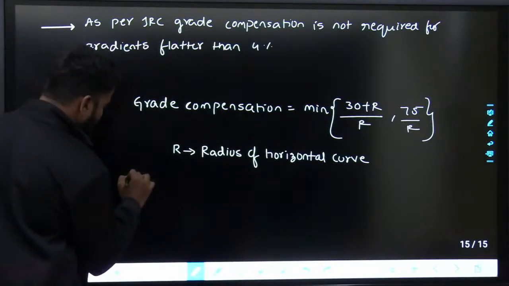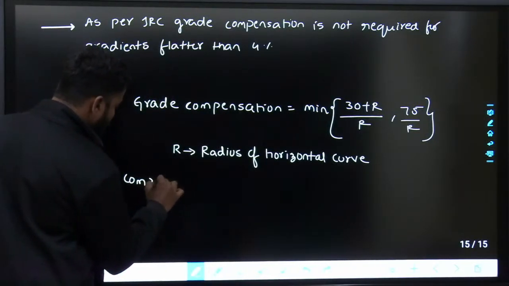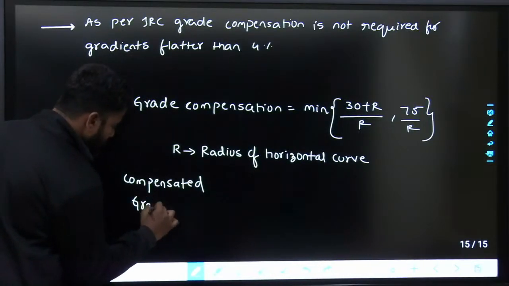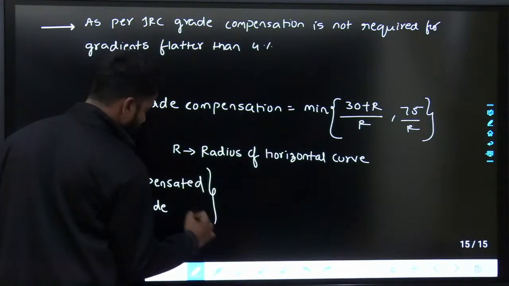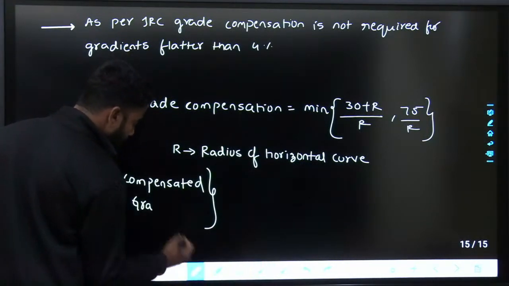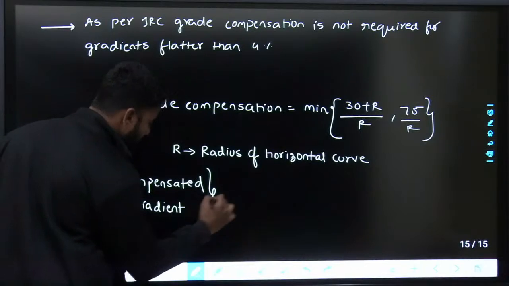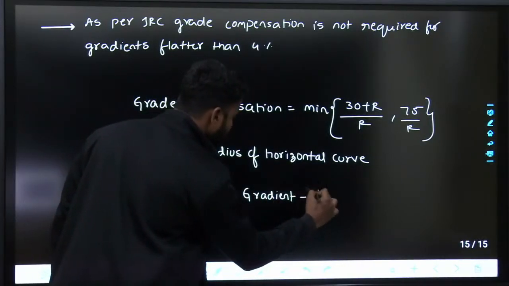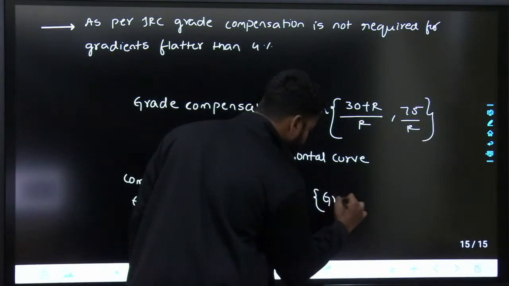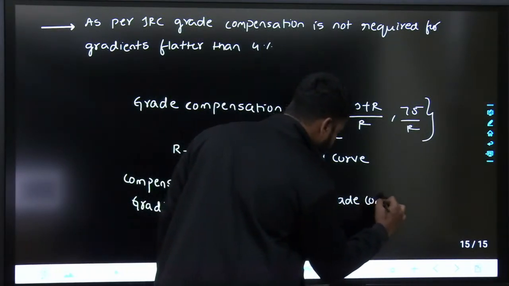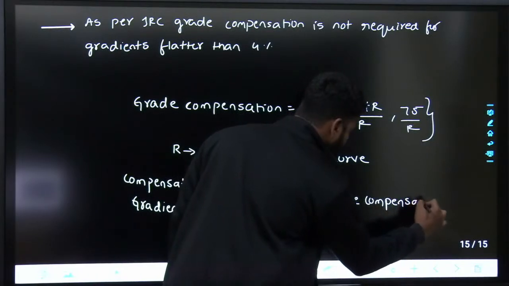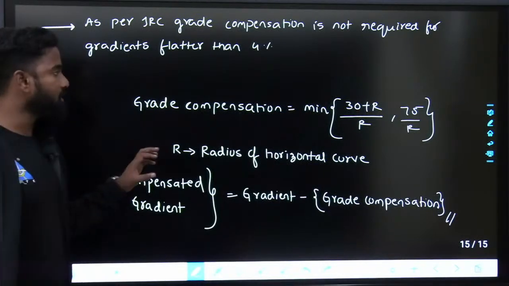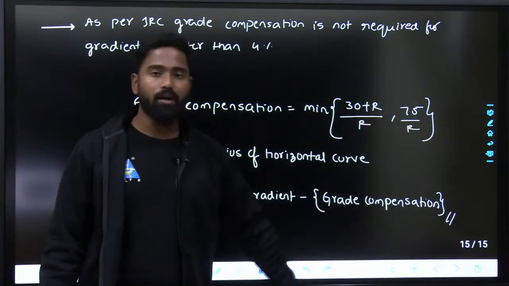Then compensated gradient equals gradient minus grade compensation.